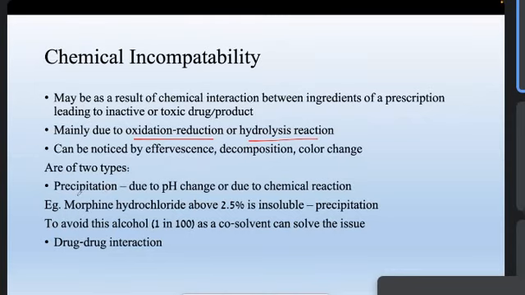It can either be precipitation or drug-drug interaction. Precipitation is basically when there is a pH change, or a chemical reaction, there is a quick change. And in a drug-drug reaction, we can really not make much of a difference here, because it occurs after prescribing the drug, after the drug is being taken.